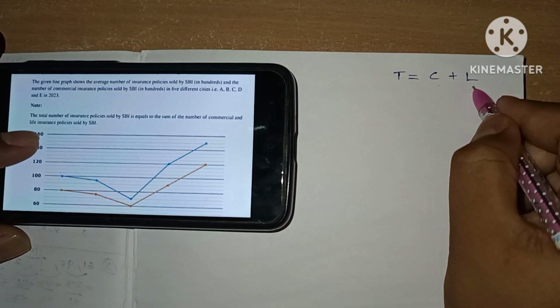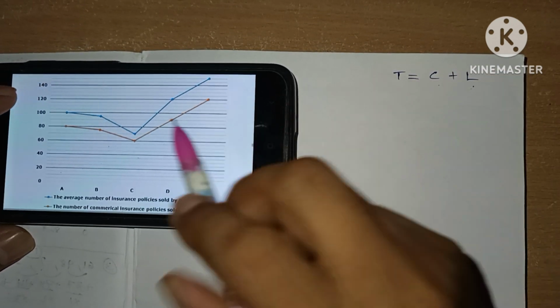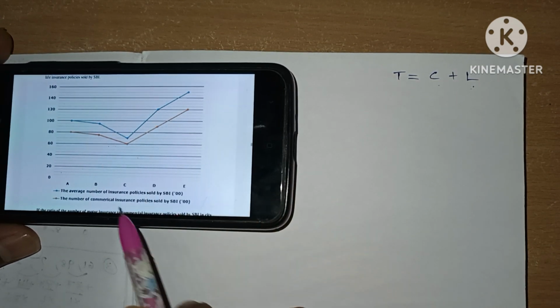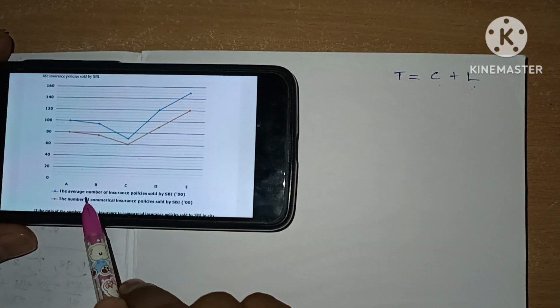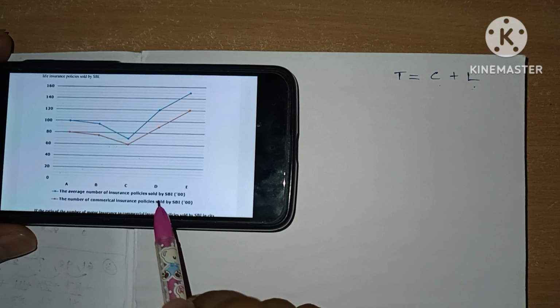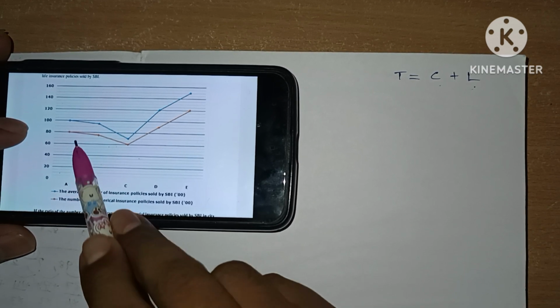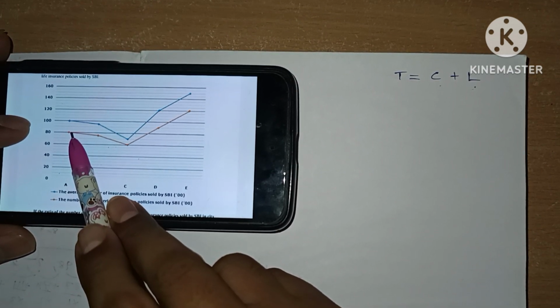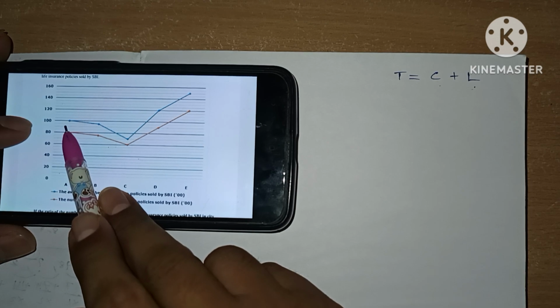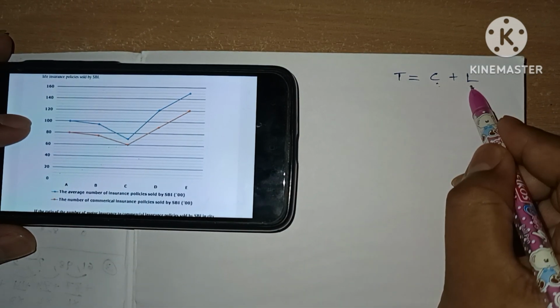So we have two variables, and the blue graph shows the average number of insurance policies. If we need the total, we need to multiply it by 2 because of the two factors here.